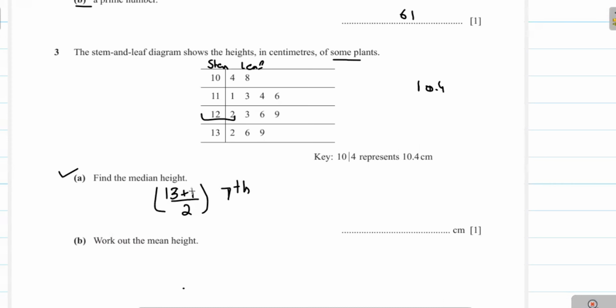The 7th value is the median. You see here, the 7th value will be 1, 2, 3, 4, 5, 6, 7, and this is the 7th value, 12.2. It means 12.2 centimeters is the median height of the plants.